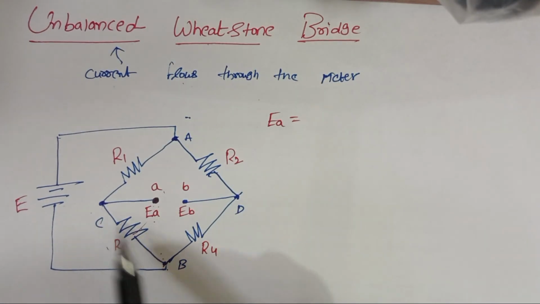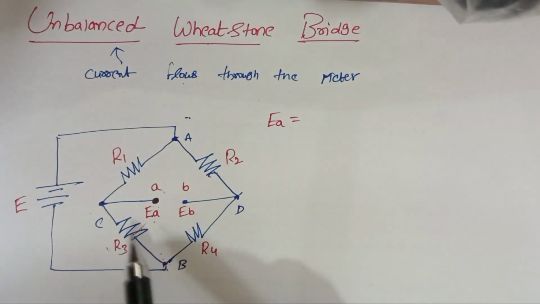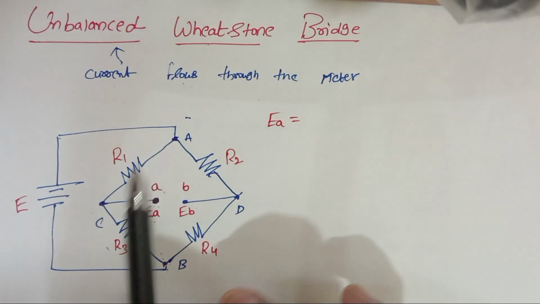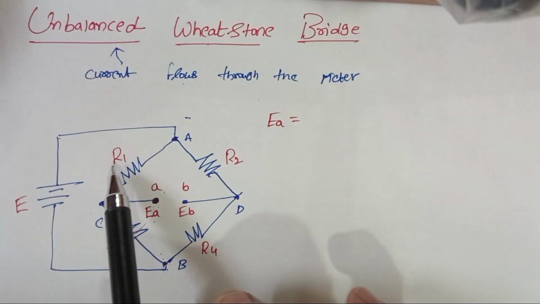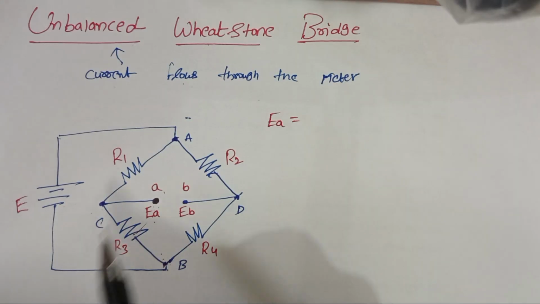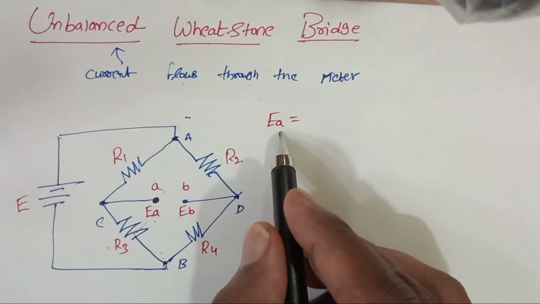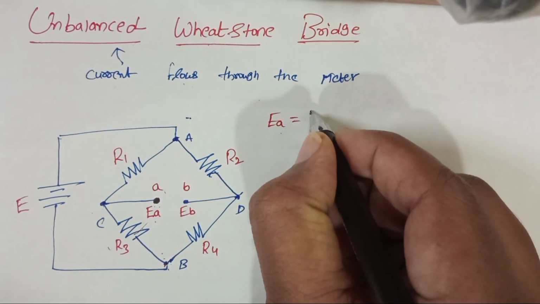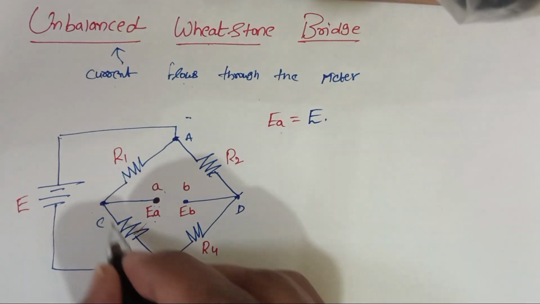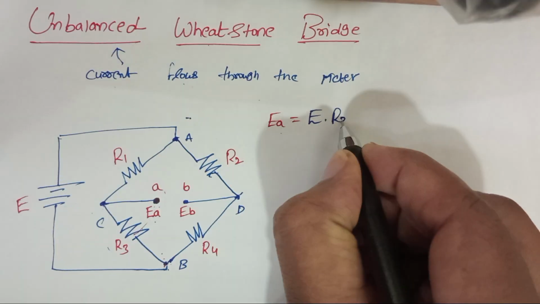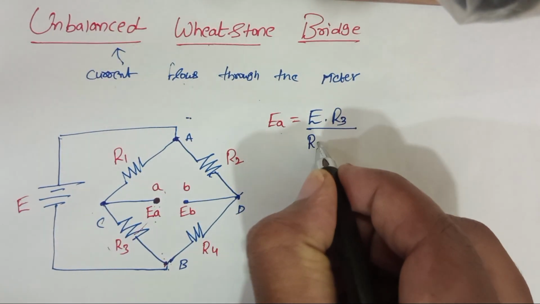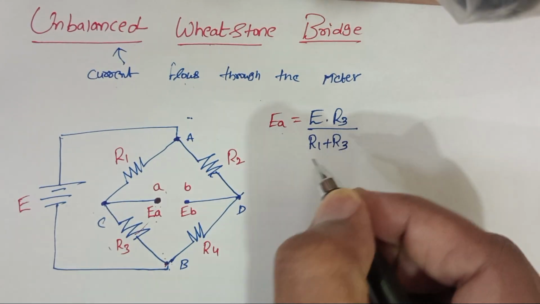EA is calculated across R3, so that is the across resistance, and the total resistance in this branch is R1 plus R3. So EA is equal to E times R3 divided by R1 plus R3.